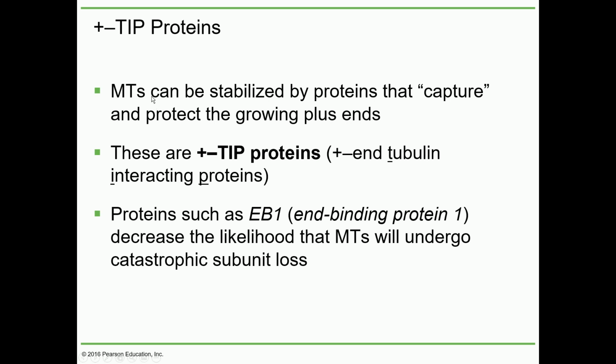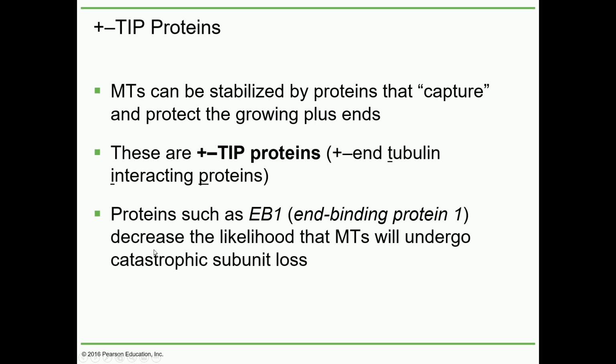Microtubules can be stabilized by proteins that capture and protect the growing plus ends, and these are called tip proteins. TIP means tubulin interacting proteins, and there are proteins such as EB1, which are called end binding proteins.